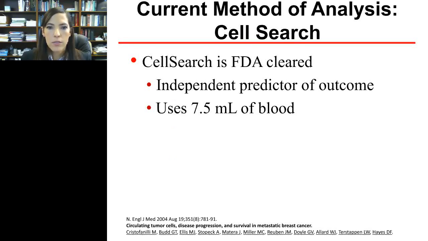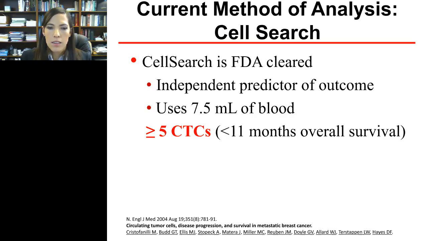So how does the FDA-cleared method work as an independent predictor of outcome? This test uses 7.5 mils of whole blood from the breast cancer patient. And in that 7.5 mils of blood, if the patient has 5 or greater circulating tumor cells, they're associated with a worse prognosis, or specifically less than 11 months of overall survival.